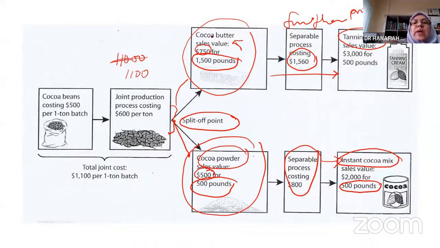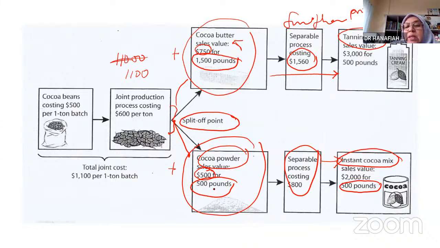And you have to add with this cost if you want to produce cocoa butter to calculate the cost per unit, or you have to add 1,100 plus 500 if you want to produce cocoa powder. And you count the cost per unit or cost per pound of cocoa powder.